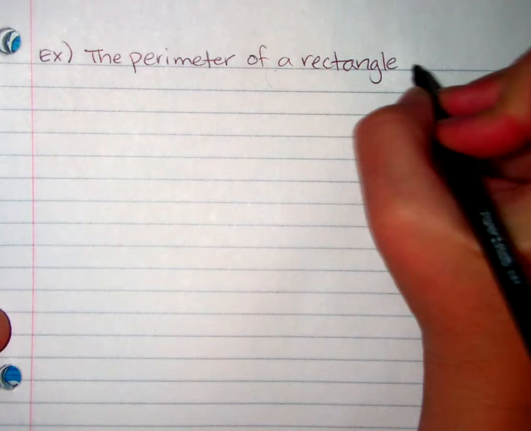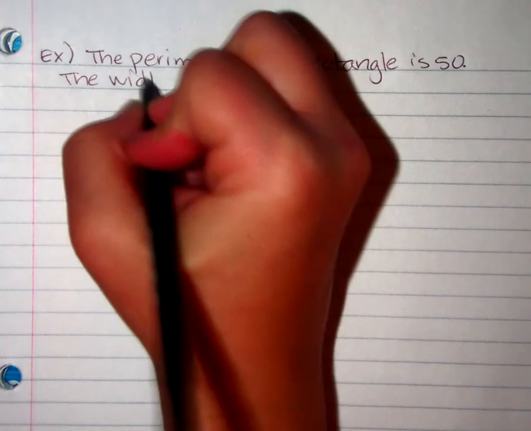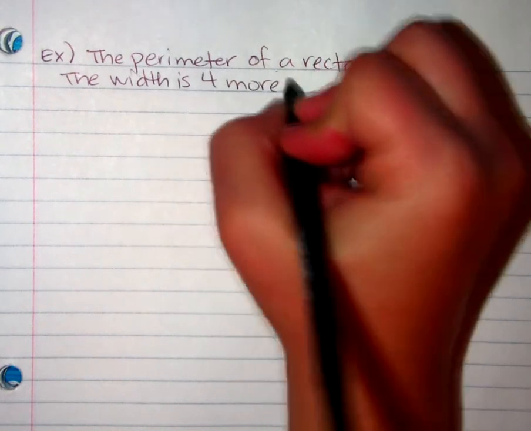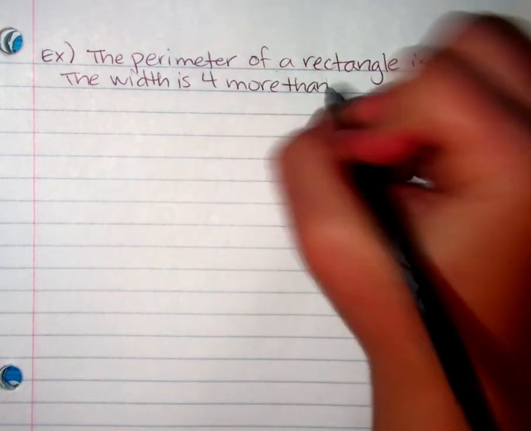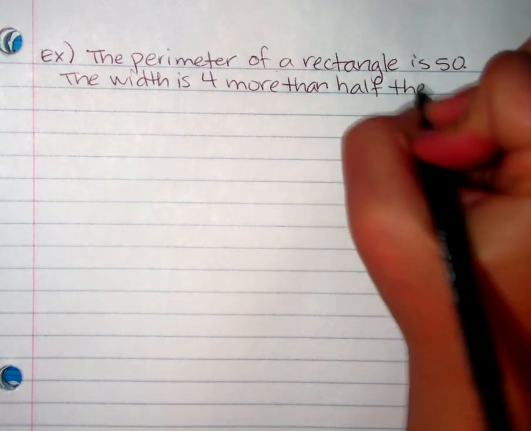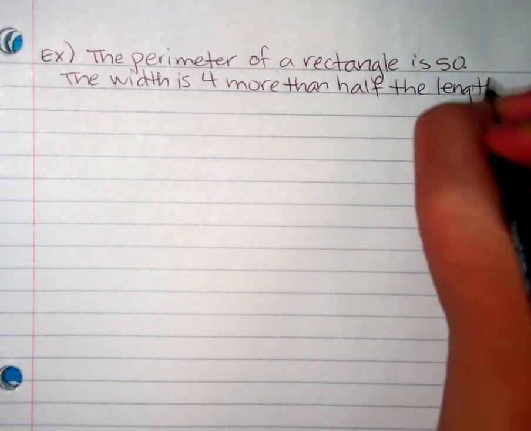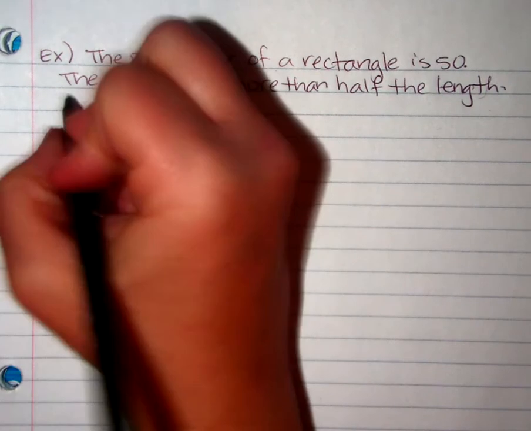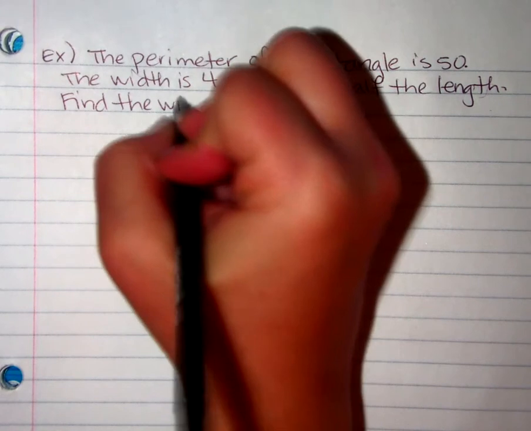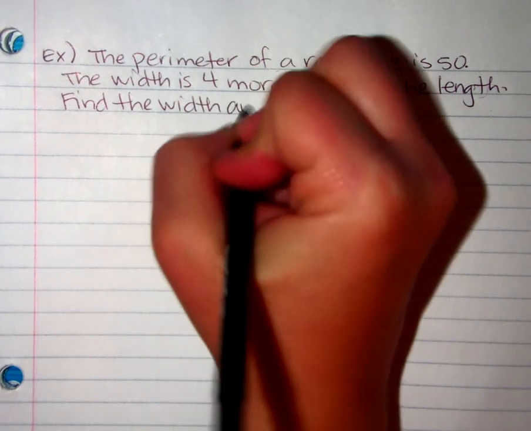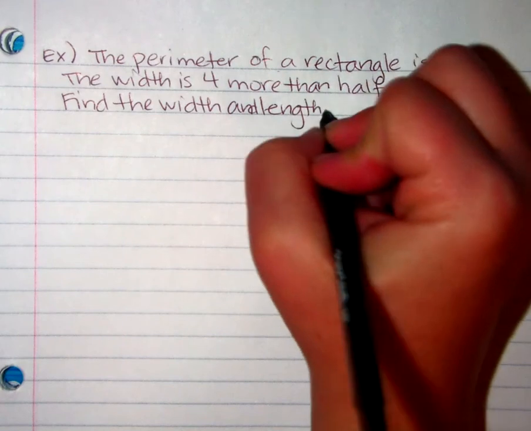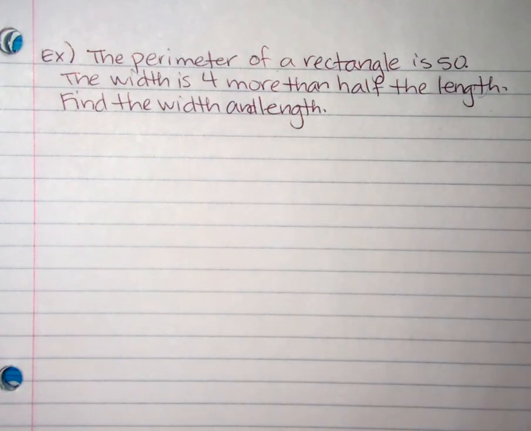The width is 4 more than half the length. And I want to find the width and length. So again, I'm going to use variables W and L.